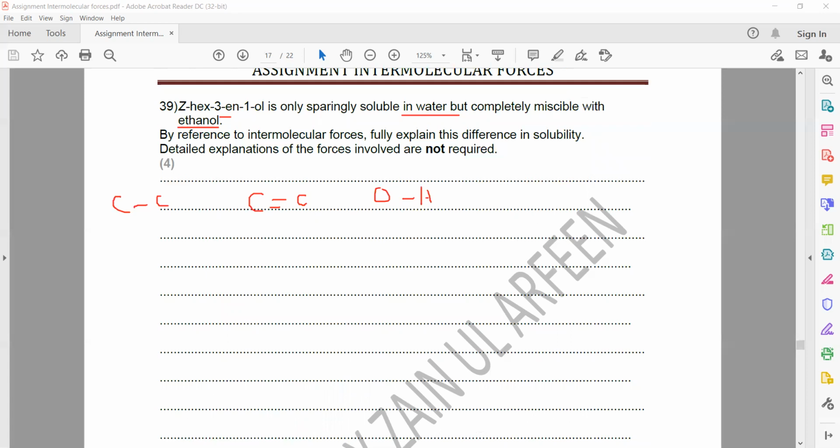So when we compare the forces, in Z-hex-3-en-1-ol, it has London forces as well as hydrogen bond.